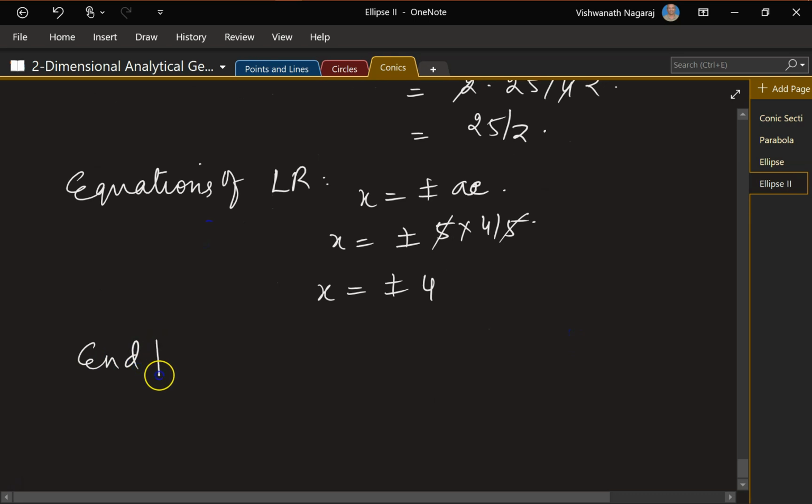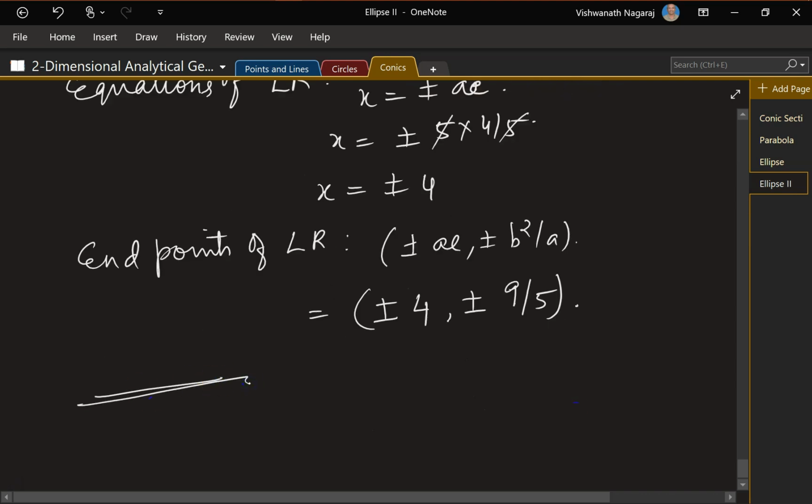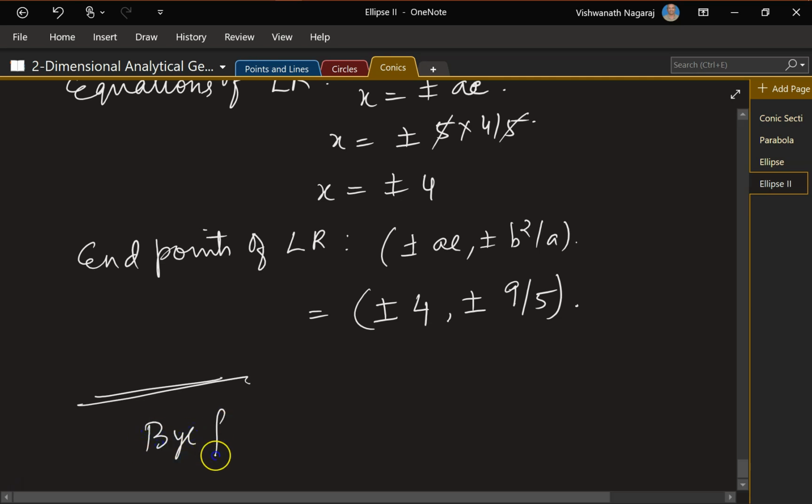And finally end points of LR is plus or minus AE comma plus or minus B square by A. So which is equal to plus or minus AE is 4 comma plus or minus B square is 9 by A is 5. So knowing all this, it's very easy to draw the graph. I think that's enough for today. Bye for now.